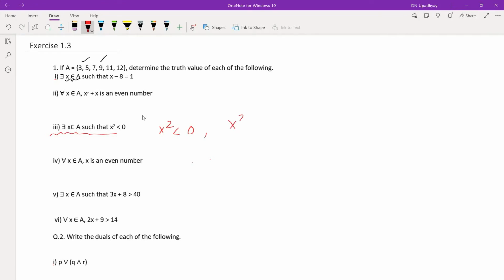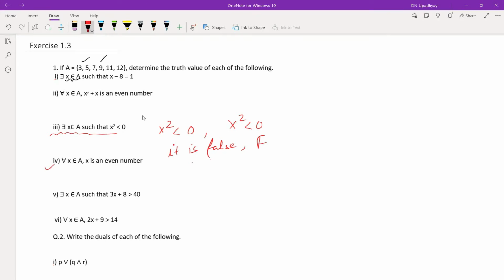See, x square, the square of any element, will never be less than 0. Suppose we take a negative element, that will also be greater than 0. So it is false. Truth value is F. For question number 3, truth value is F.